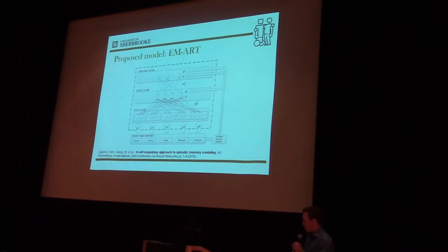So here is our proposed model. It's inspired by a previous work from another lab. They validated a similar model of episodic memory in a video game environment. However, in robotics, sensing the environment is very different.